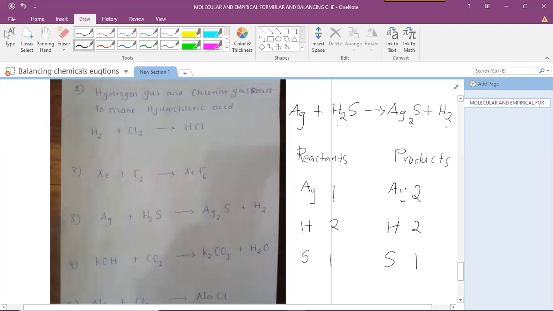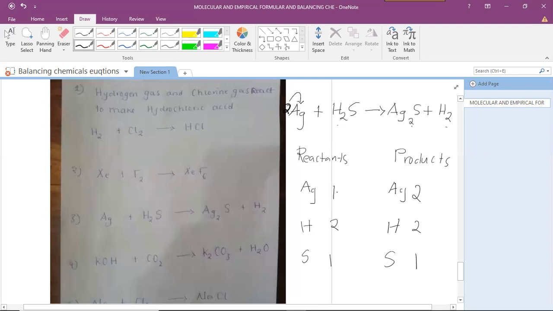So here we've got 1 silver, here we've got 2. So where can I put the coefficient there? I can add the coefficient here, right? Like so. So this 2 there means we now have 2 silvers. All right.